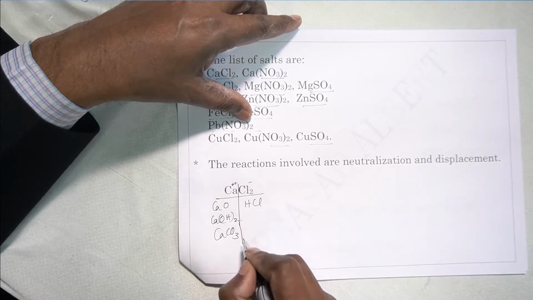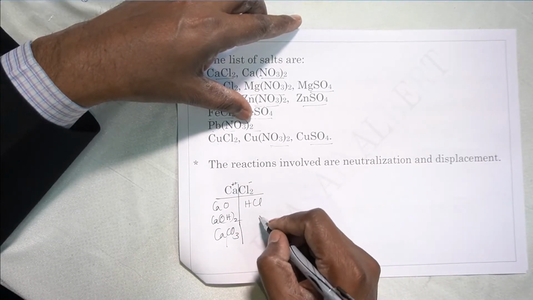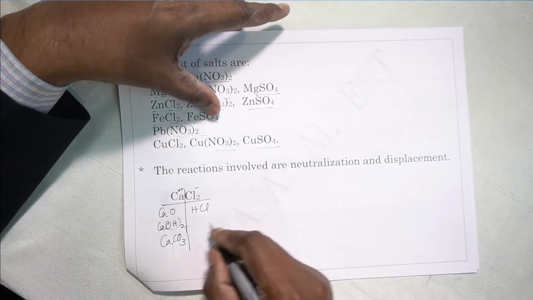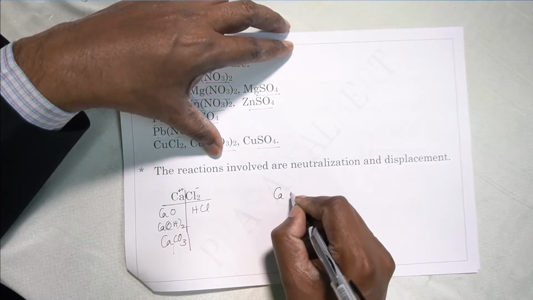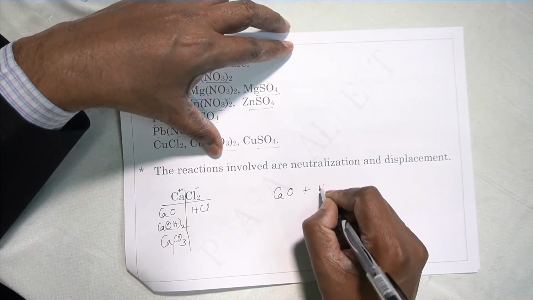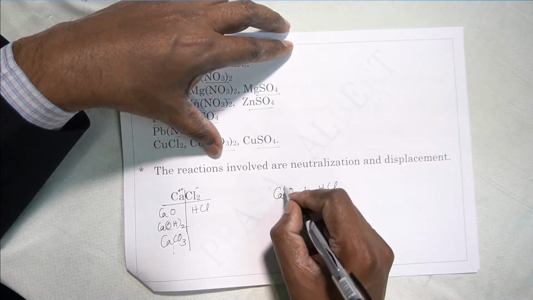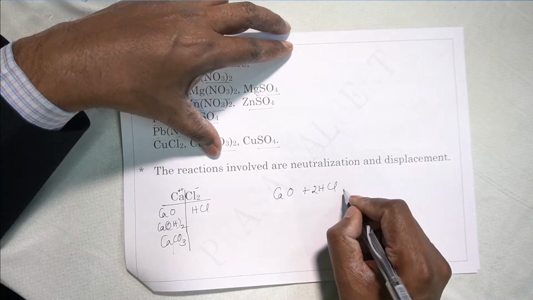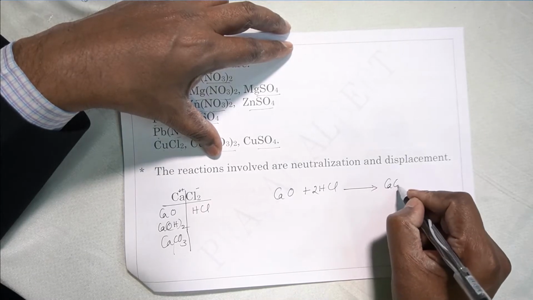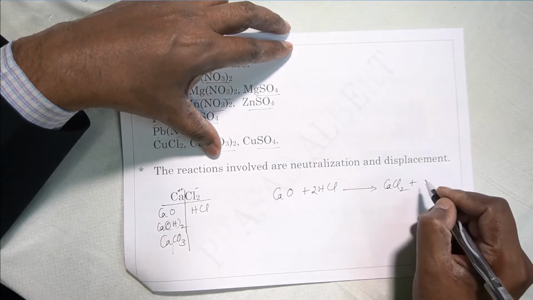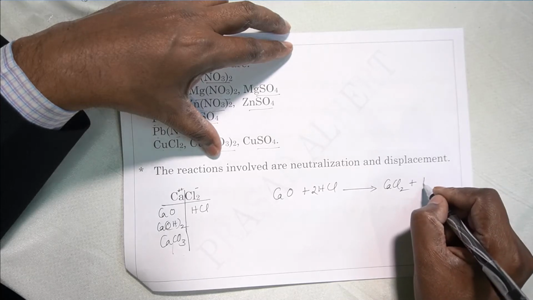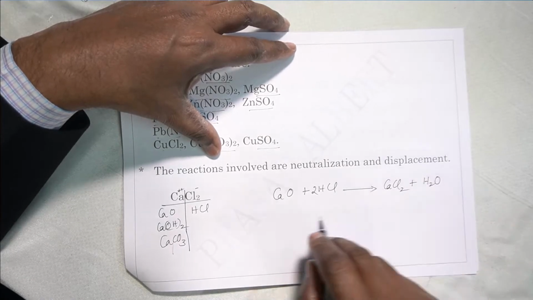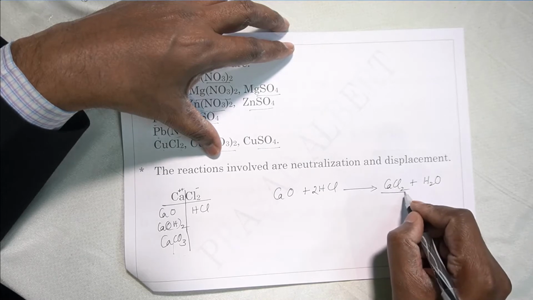So these 3 provide the calcium ions, and for the chloride ion we have hydrochloric acid. There are 3 equations possible. CaO plus HCl: calcium is a divalent ion, so we need 2 HCl, 2 hydrogen ions required to replace it. We get CaCl2, since metal oxide plus acid gives salt plus water, H2O. So you get calcium chloride, the salt we require.